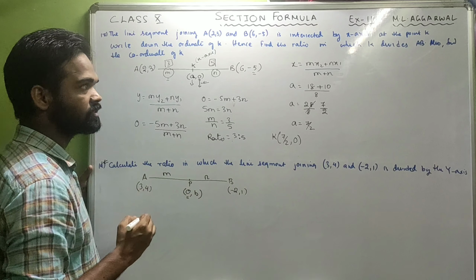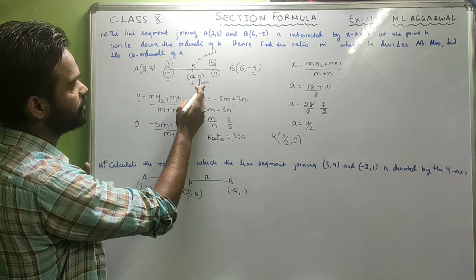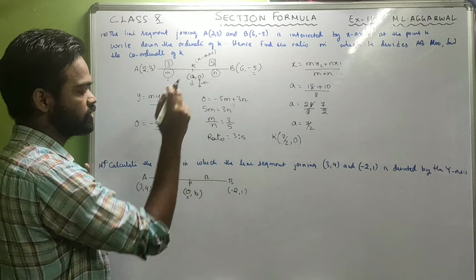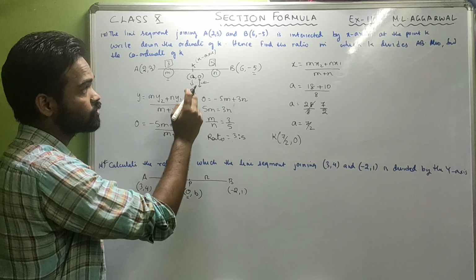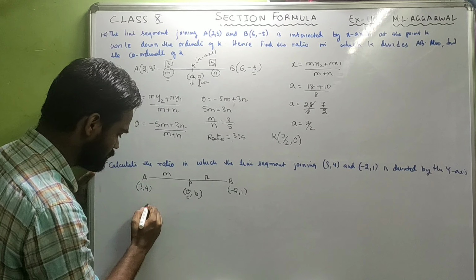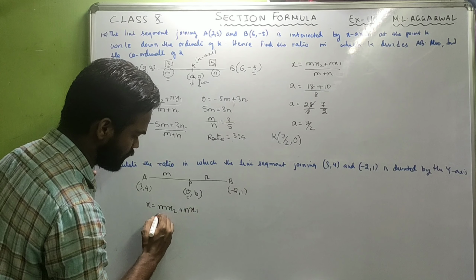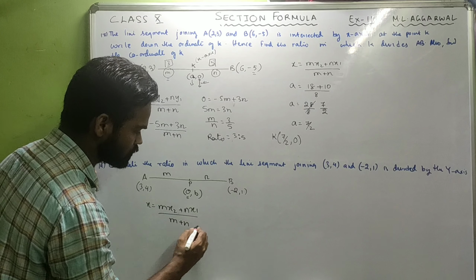Now we know the value of x, isn't it? Same way, over here we knew the value of y, which was 0. Over here, this was on the x-axis, this was on the y-axis. So see, x equals mx2 plus nx1 by m plus n. I'll use the formula.